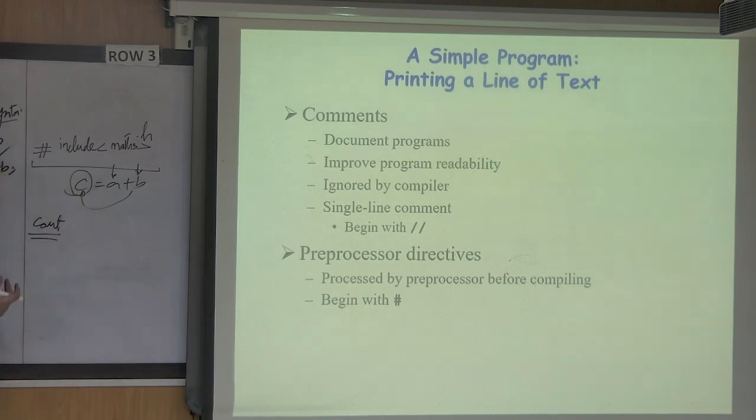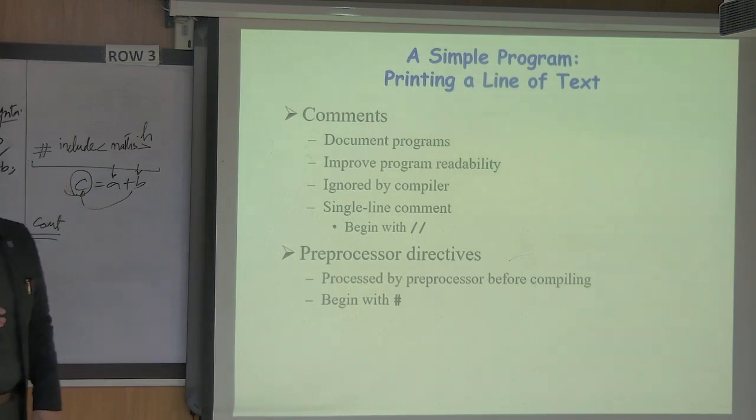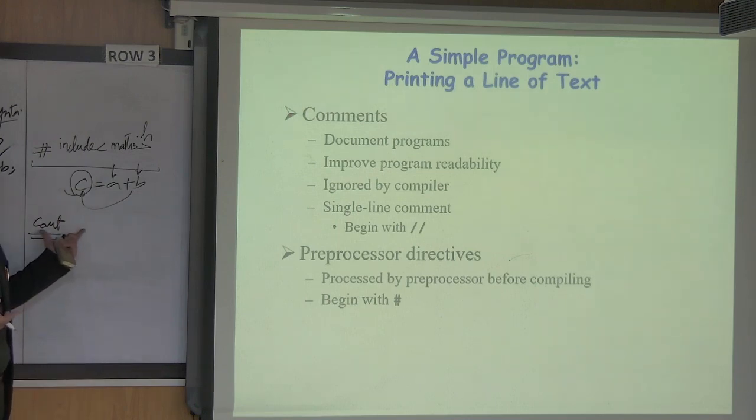If you have written cout in your program and you have used multiple couts, after writing your program, you closed your program, and by next week you open your program again, you might be thinking, what is this all about, isn't it? It might be the scenario. In order to enhance the readability of your own program, for your own sake and for the others as well, you can comment it.